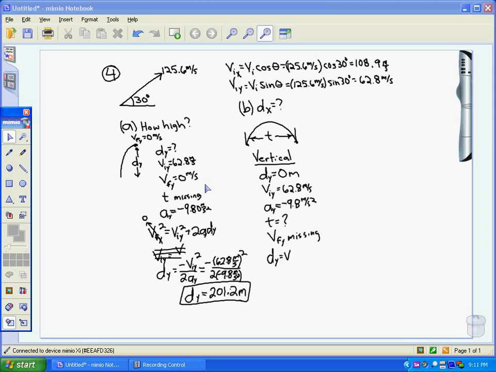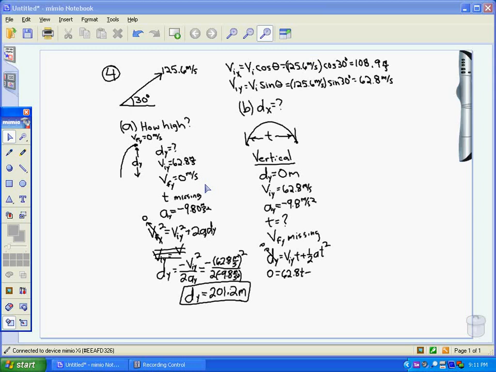And now I have to solve for t. Well, here we know that dy is 0. So I get 0 is equal to 62.8 meters per second times t, plus 1/2 times negative 9.8, which would be minus 4.9 t squared.